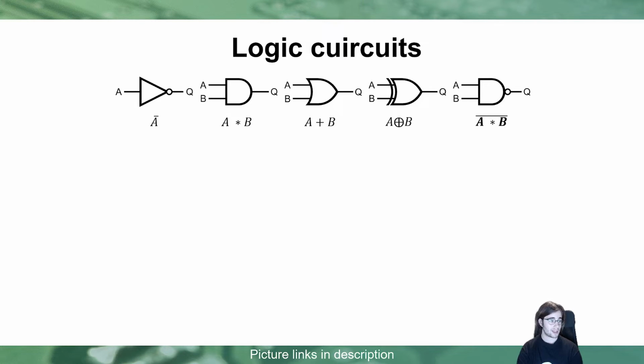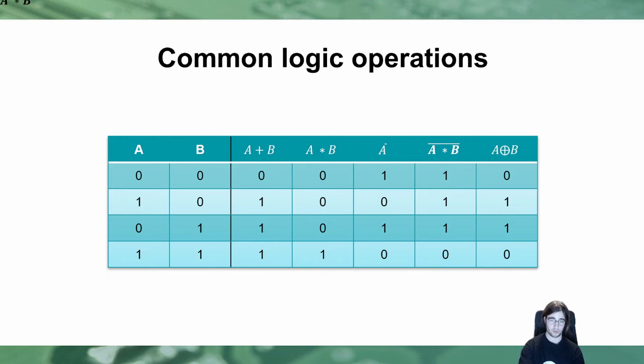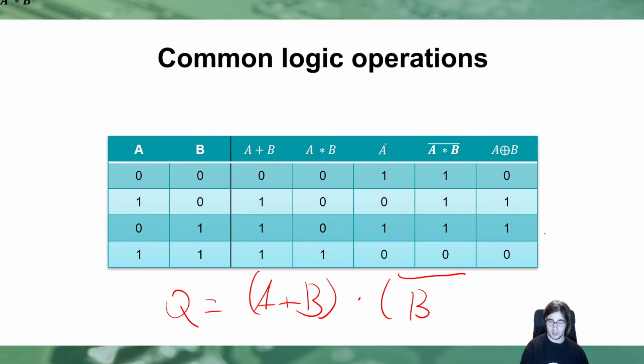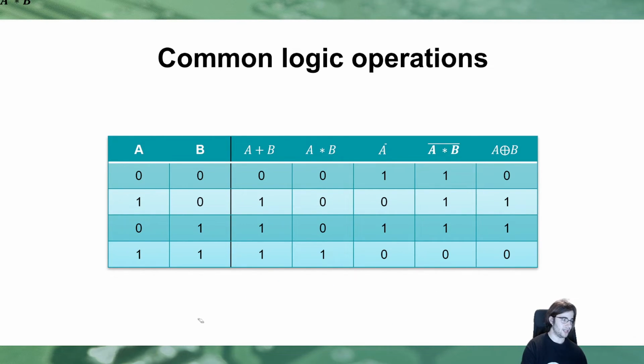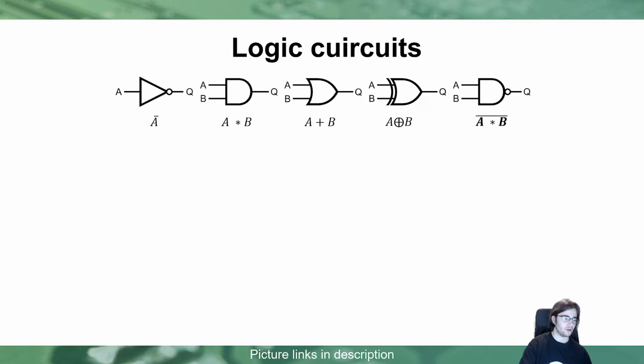Because we cannot just write a whole mathematical equation like Q equals A plus B and not B something. We can't just write that on a circuit board and call it a day.